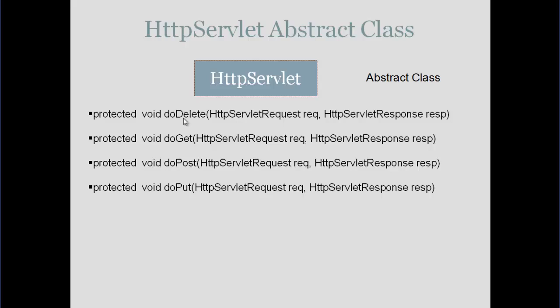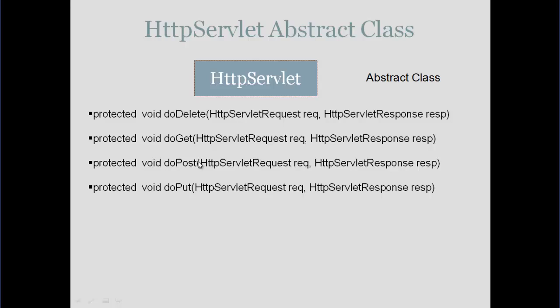But for the time being, just remember that the doDelete method deletes some resource from the server. If we want to submit some information and get some information back, then we use the doGet method. Similarly, we have the doPost method. doPost is a bit more secure than doGet.